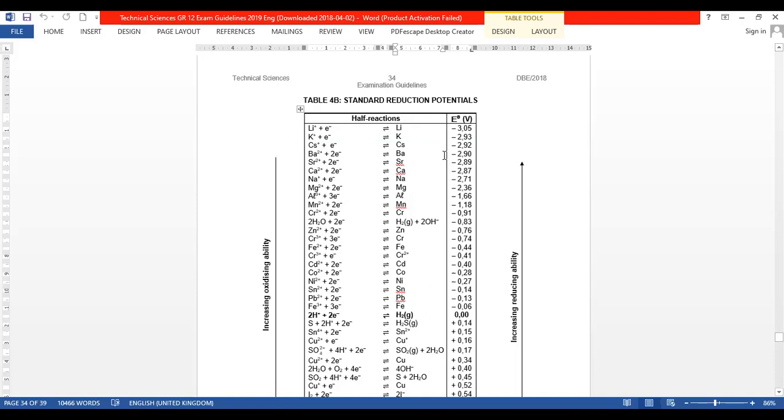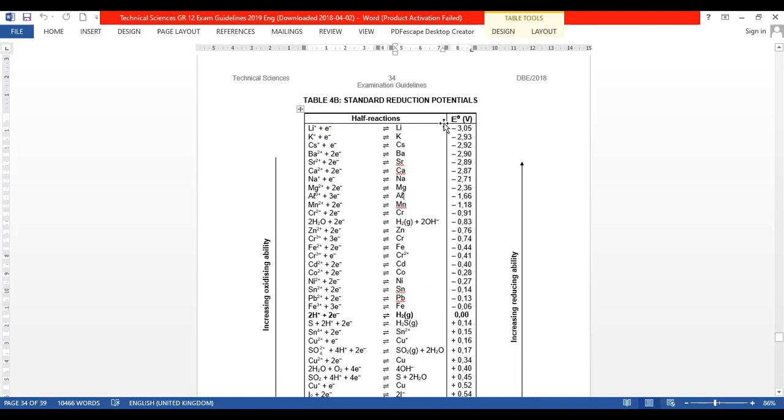So that of Li plus is less than that of K plus. In other words, the reduction potential of potassium ion is greater than the reduction potential of lithium ion. So the potassium ion loves reduction more than the lithium ion altogether. And therefore, if I had a galvanic cell where I connected a lithium half cell and a potassium half cell, then the potassium half cell would be the one that undergoes reduction.